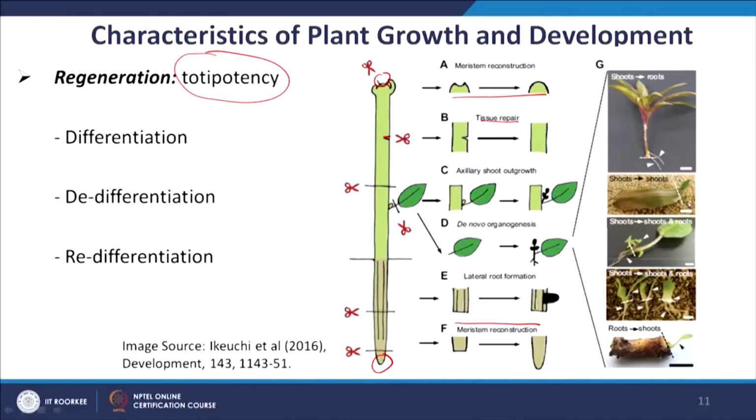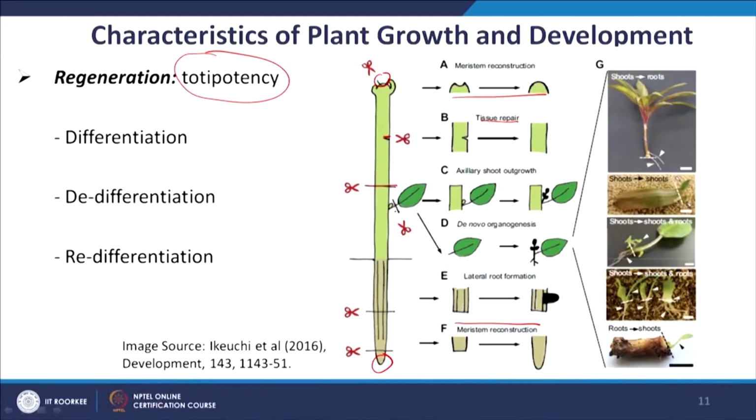But what happens if you cut the plant from here? They immediately sense it. Since this is cut in the differentiated region, it is difficult to fully reconstitute the meristem, whereas if you cut in the meristematic region they can reconstitute it. But what they do is immediately activate the axillary meristem and start making branches. So, axillary shoot outgrowth is now activated.